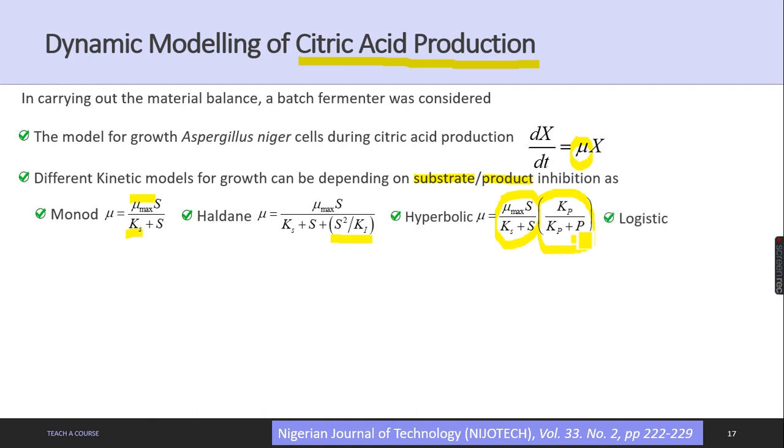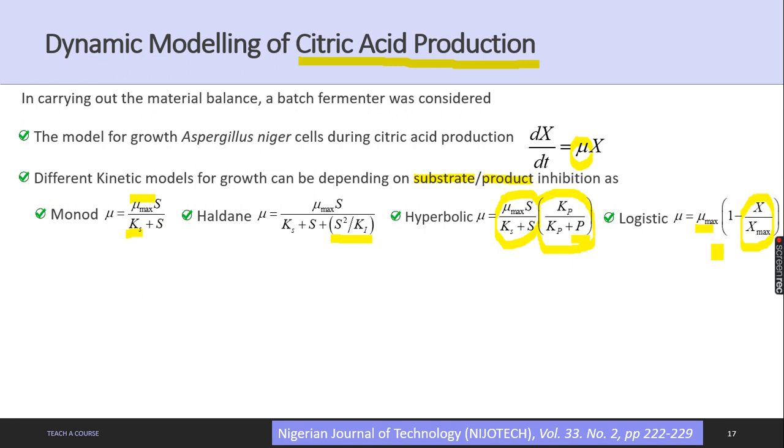And the logistic one is very simple, because in the logistic equation we assume there is a maximum possible concentration of biomass. Essentially mu = mu max multiplied by (1 minus x by x max), where x is the current biomass concentration and x max is the maximum possible biomass concentration. That is the nature of the logistic growth model.